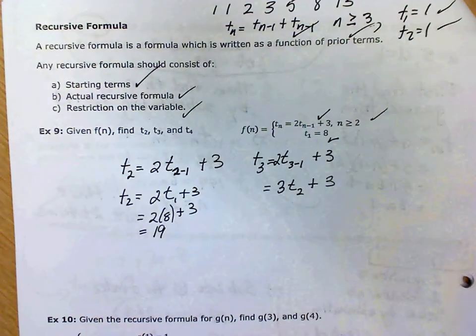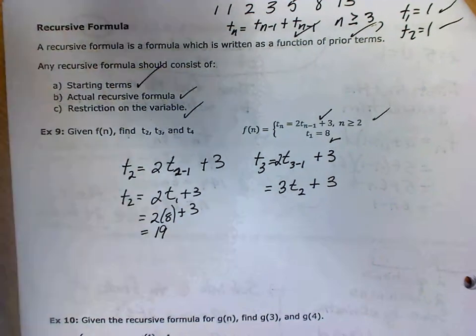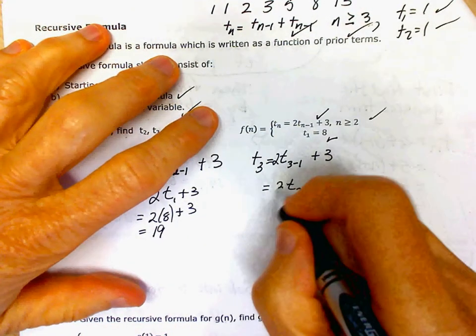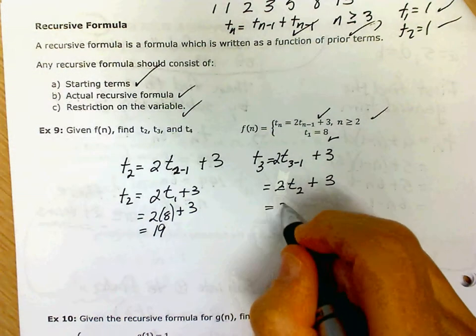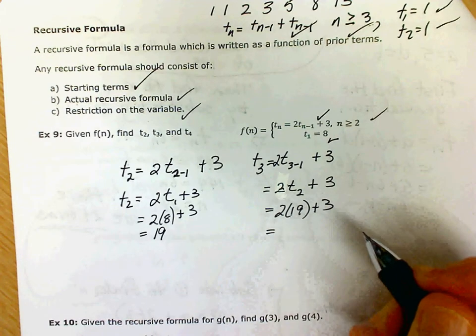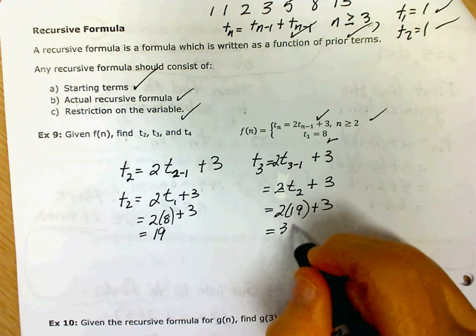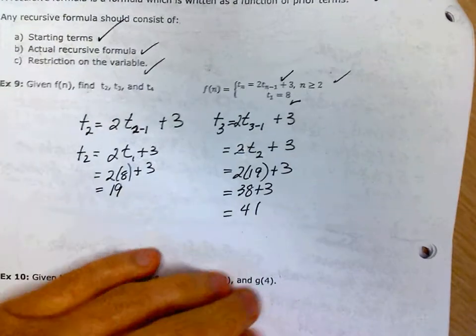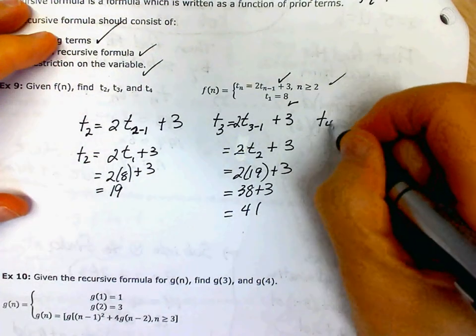I'm having senior moments here. 2 times T2, and that's 2 times 19 plus 3, and that's going to be 38 plus 3, and that equals 41.